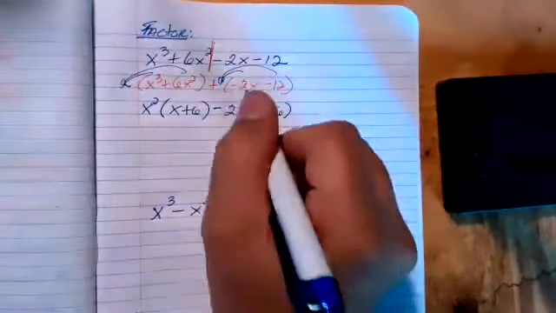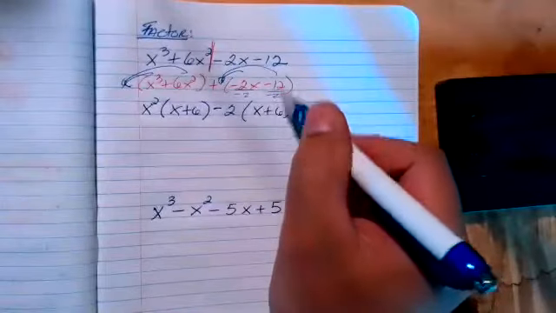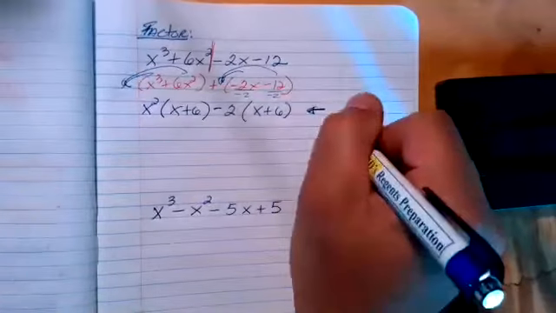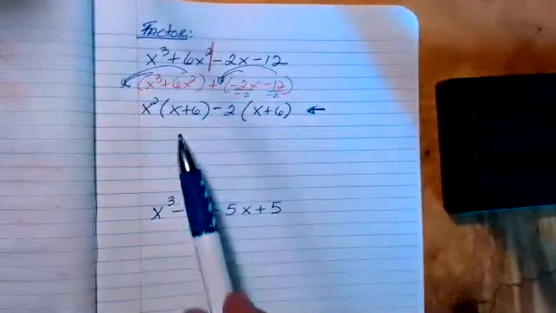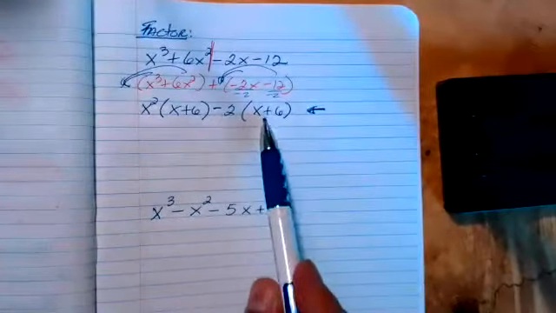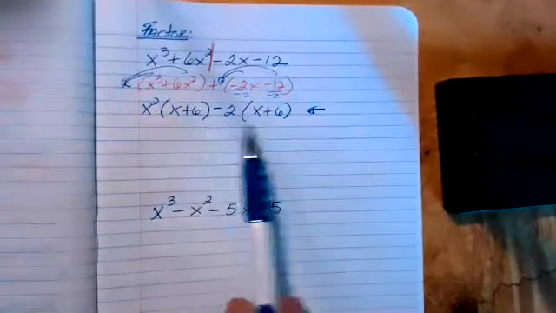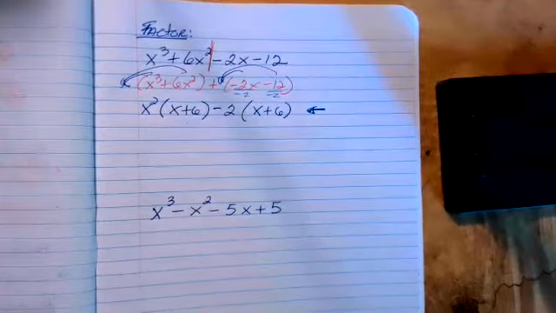If I divide both of these by negative 2, I'll be left with a positive 6. Also, it's important to note here, at this point, the only way for this factoring method to work is if these remaining factors are the same. So as soon as we get an x plus 6 here, we know that this also has to be x plus 6 for it to work.